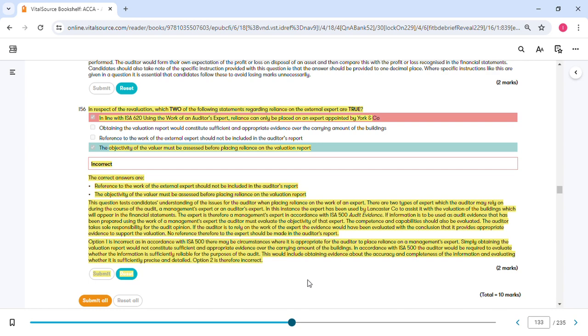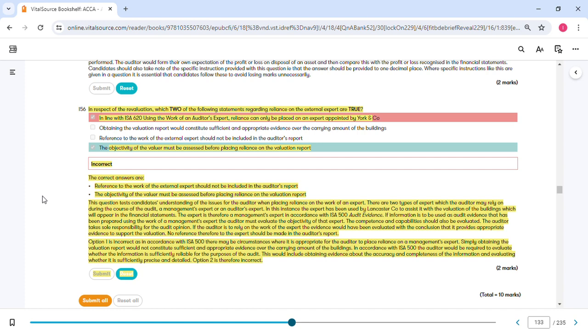What is the first one? The objectivity of the valuer must be assessed, and the second is that it has to be in line with ISA 620. Remember, there are two things. Sorry, 500 is audit evidence, and 620 is using the work of an auditor's expert.